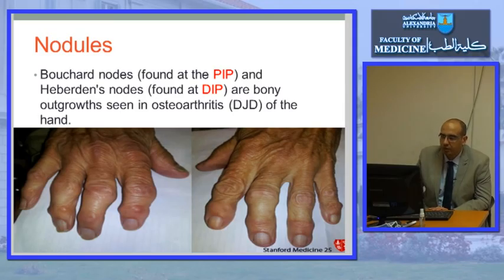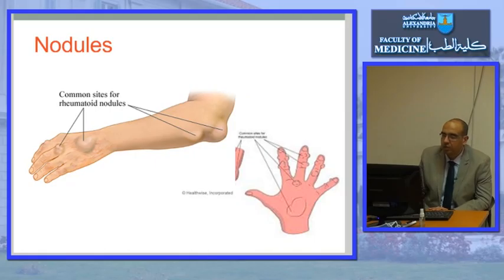Nodules, for example, if we find nodules at the proximal interphalangeal joint, it is called Bouchard nodules. And other nodules we might find in the distal interphalangeal joint, it is called Heberden nodules. They are both present in cases of osteoarthritis. Other nodules might be rheumatoid nodules.